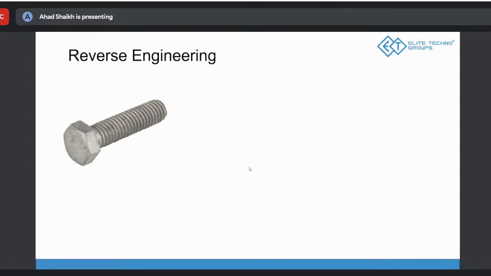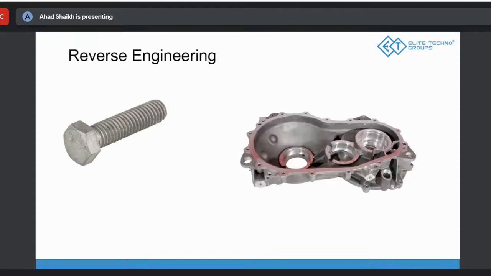But if I ask you to reverse engineer this product, how would you do that? By taking a large number of photographs of this object and using reverse engineering tools available online to generate a model.